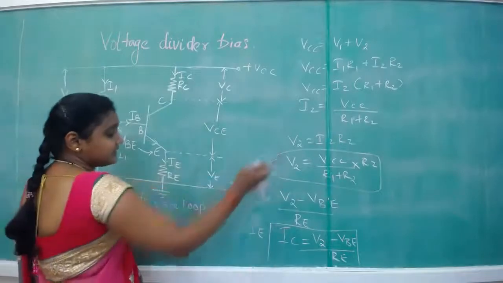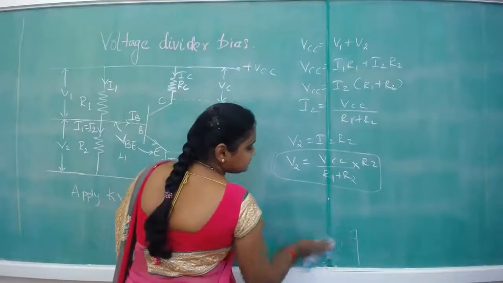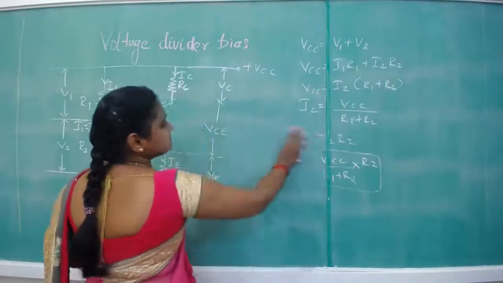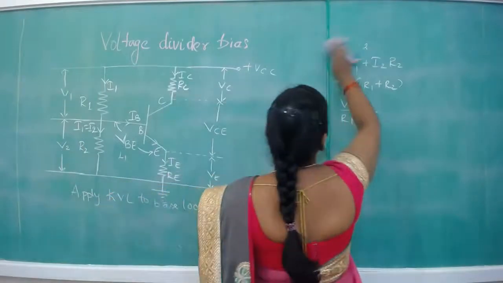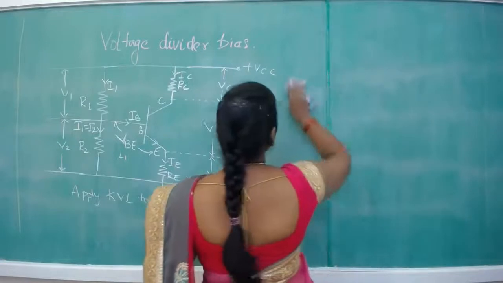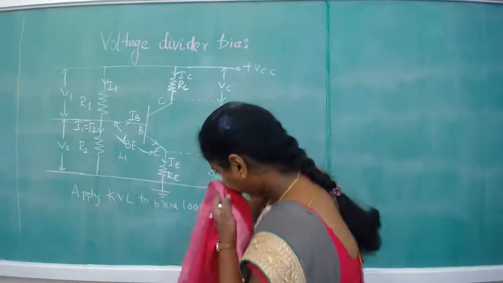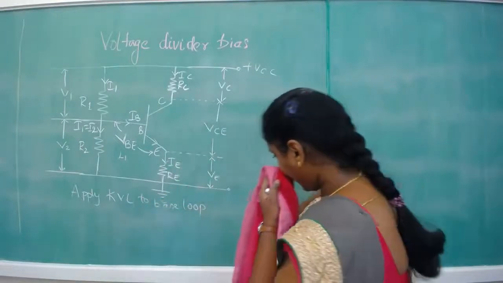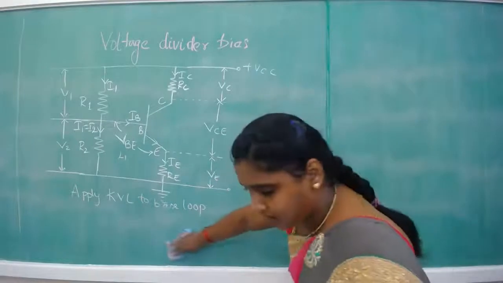That expression you can also get directly from the voltage divider rule. So we got the expression for IC. Now we have to find the expression for VCE. Now we will consider the output loop.